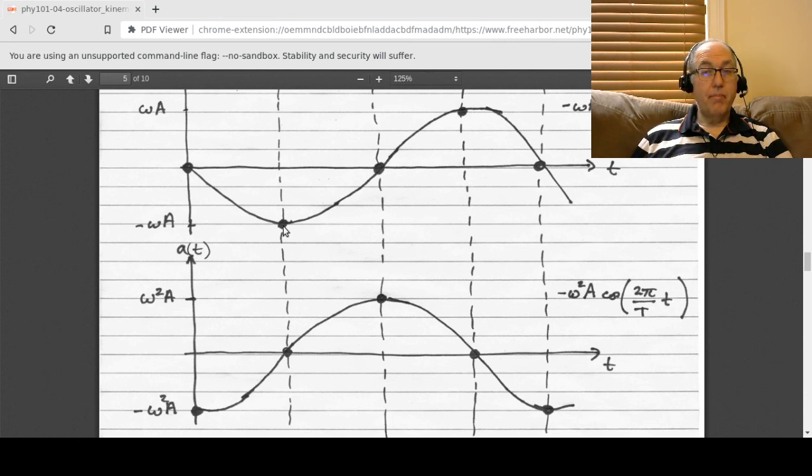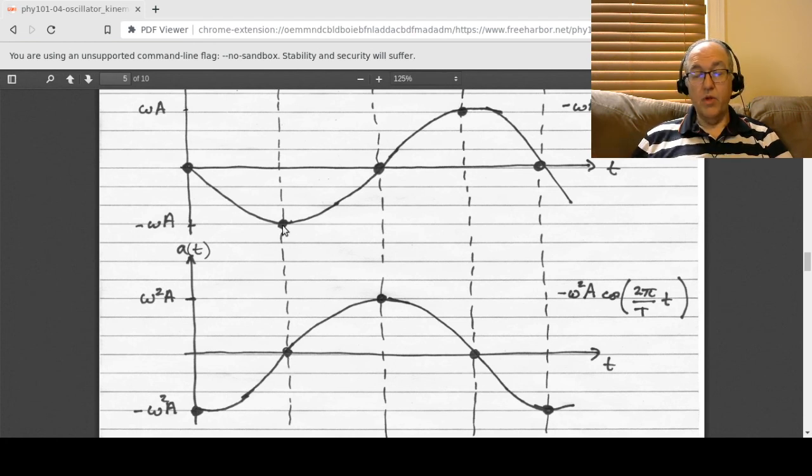When the velocity is maximum, that is when the oscillator is passing through equilibrium, the velocity is as big as it's going to get. But leading up to equilibrium, it was speeding up, and after equilibrium, it slows down. So if you're speeding up before and slowing down after, the rate of change must have gone through 0, and that's why right at equilibrium, where your velocity goes from speeding up to slowing down, your acceleration is 0.